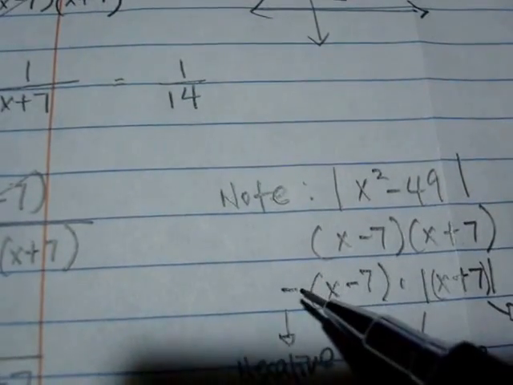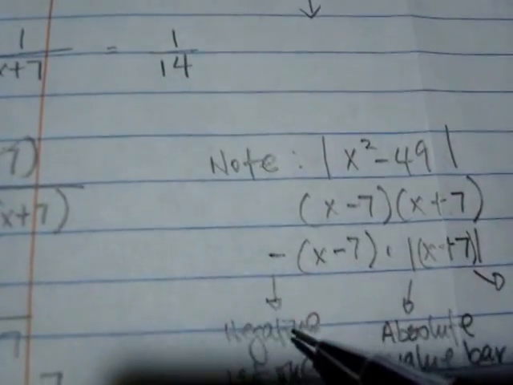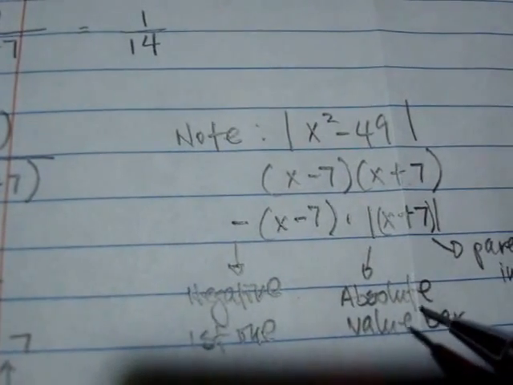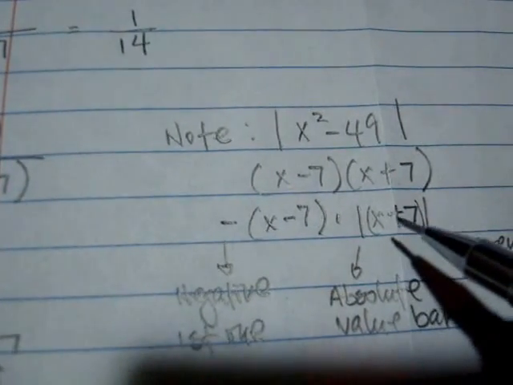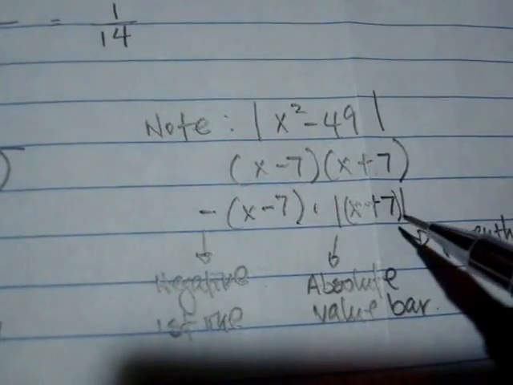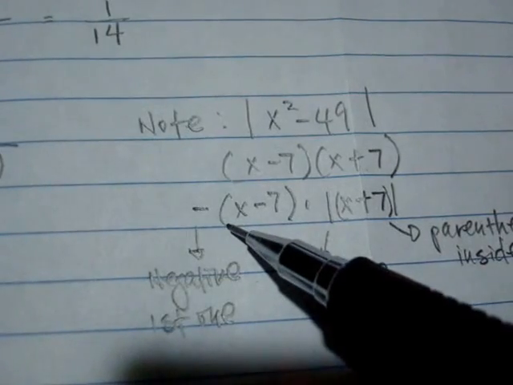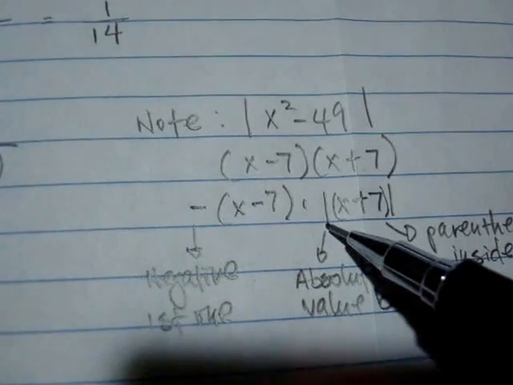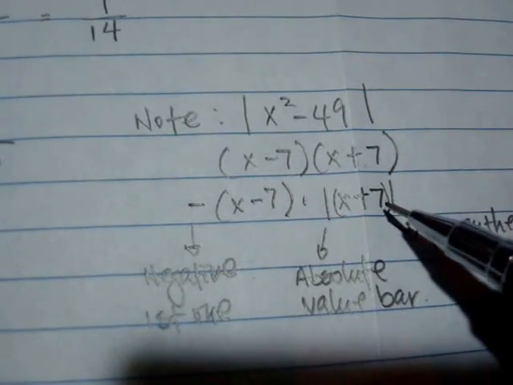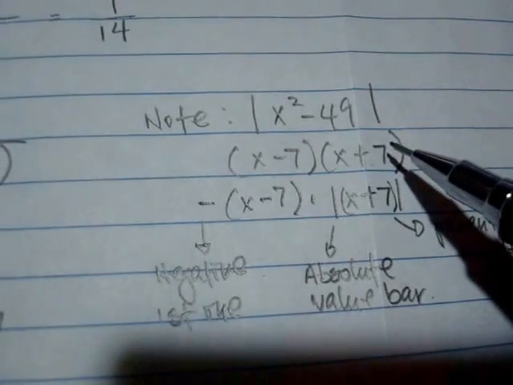But you need to put a negative for this x minus 7, and then times, for this one you need to put the absolute value bar, and inside the absolute value bar you need to put these parentheses in this kind of order: negative, then parentheses, then times, then absolute value with these parentheses inside, if you were able to factor like this.